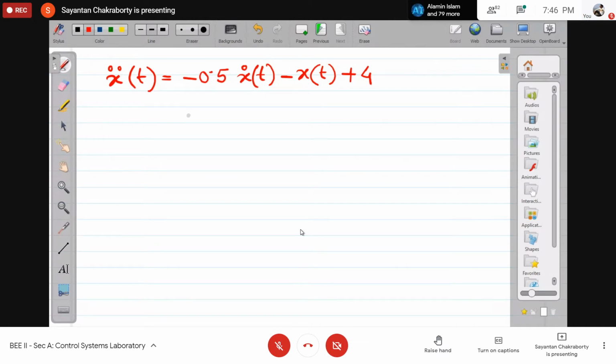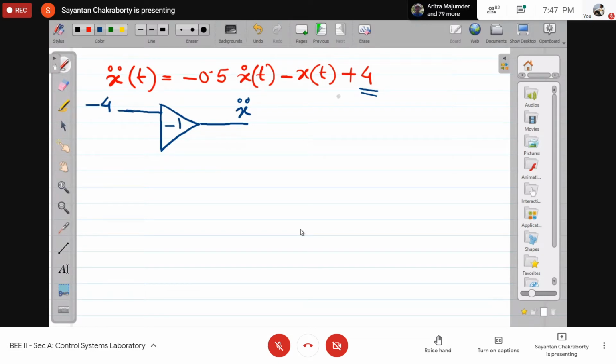Then you find the expression for x double dot t in terms of a summer. Suppose we have a summer, but you know it's an inverting summer. If you want to have x double dot here, then what should be the different inputs? To get this 4, we should apply a signal of value -4.